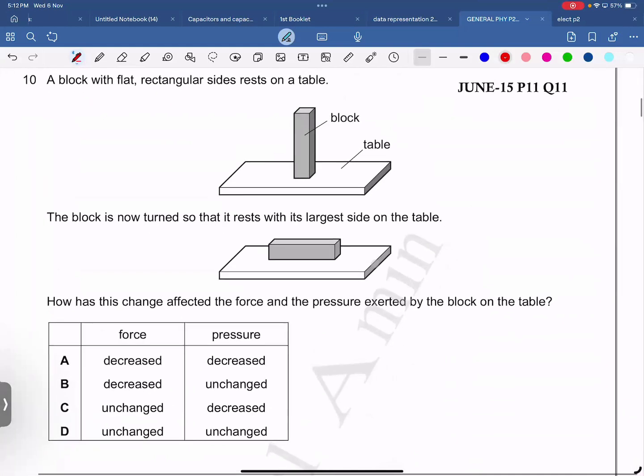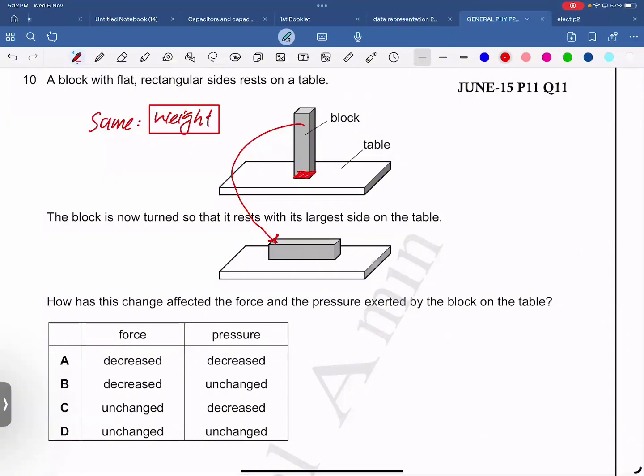Question 10. A block with flat rectangular sides rests on a table. The block is now turned so that it now rests with the largest face down. Look, it is the same block, so it means the same weight. Before, the area of cross section was very small. Now the area in contact will be large.